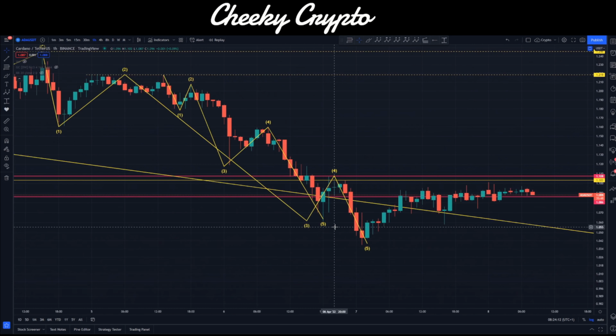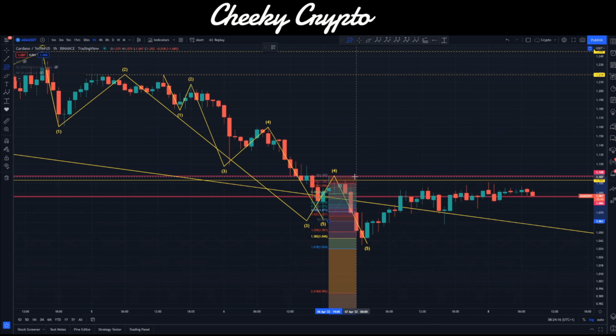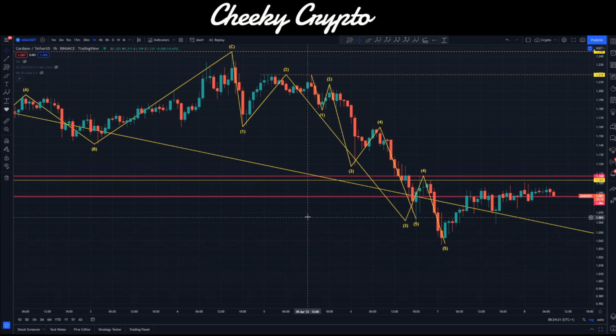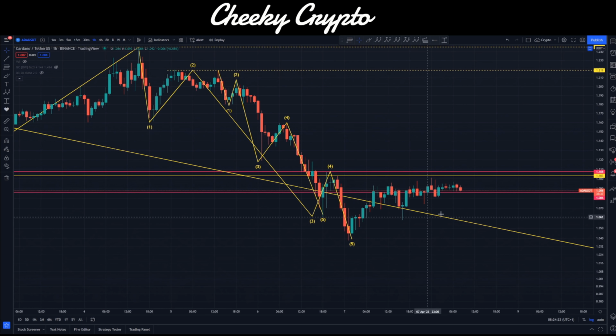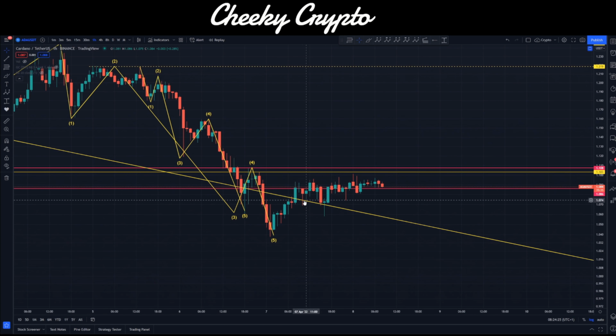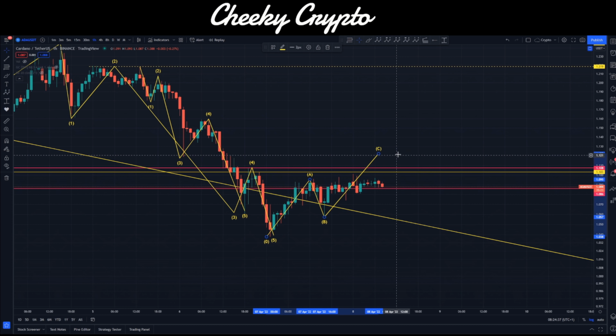Now, if I jump into this and measure the distance on our 5th wave to the high of the 5th wave, it perfectly reaches the requirements for a 5th wave. So we'll leave it like that, but what's throwing me is this pattern here, because essentially this could go down or it could come up. But if we follow the logic of what we would expect, this is an A wave, this is our B wave, and we still haven't come up higher.